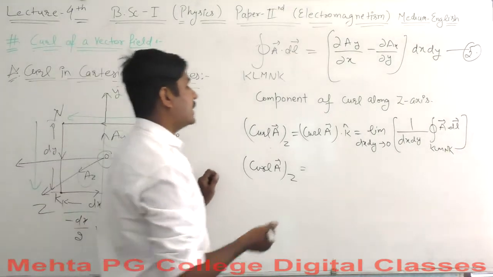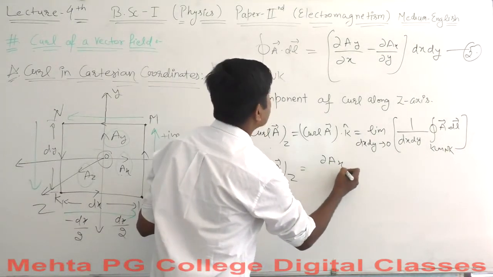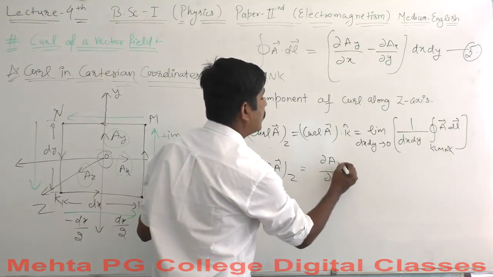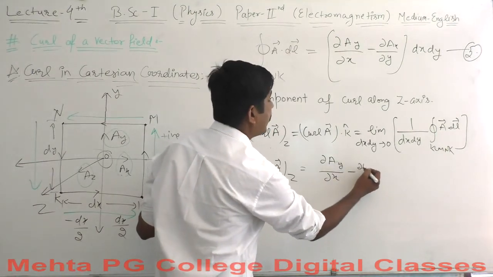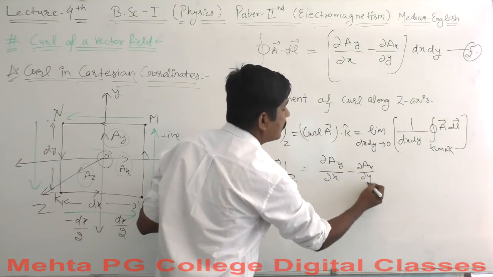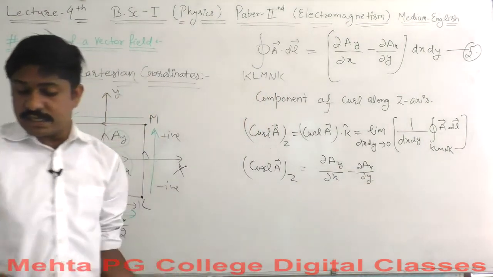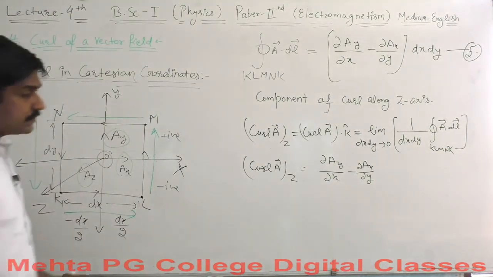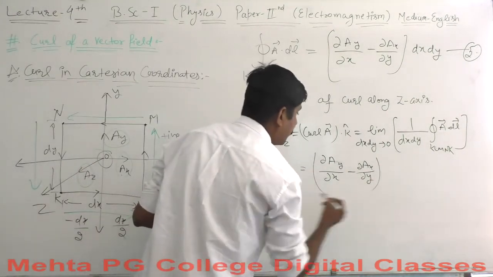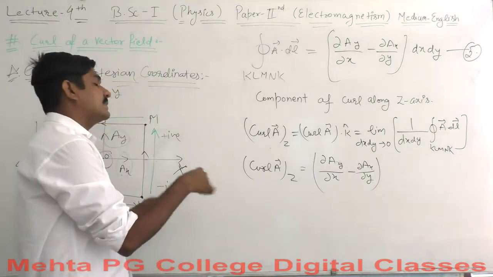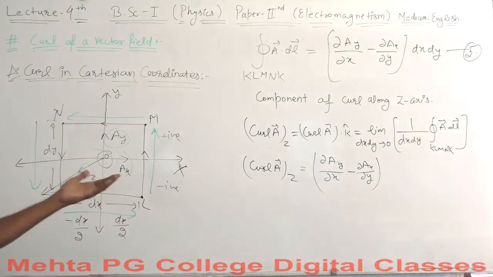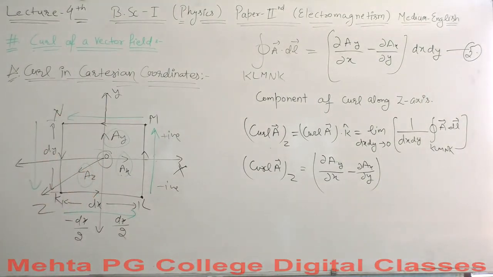So it can be written as curly ay over curly x minus curly ax over curly y. So this is the component of curl along the z axis, or you can say the direction along the z axis. The rotational direction is along the z axis. You can take a screenshot for your reference.